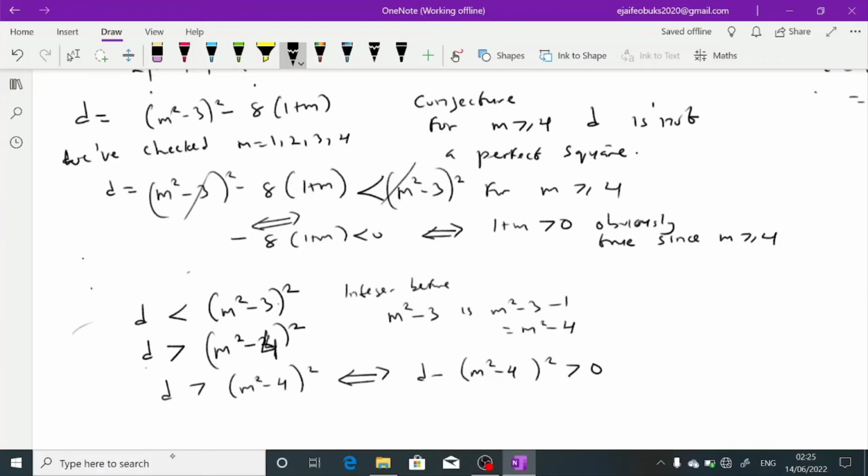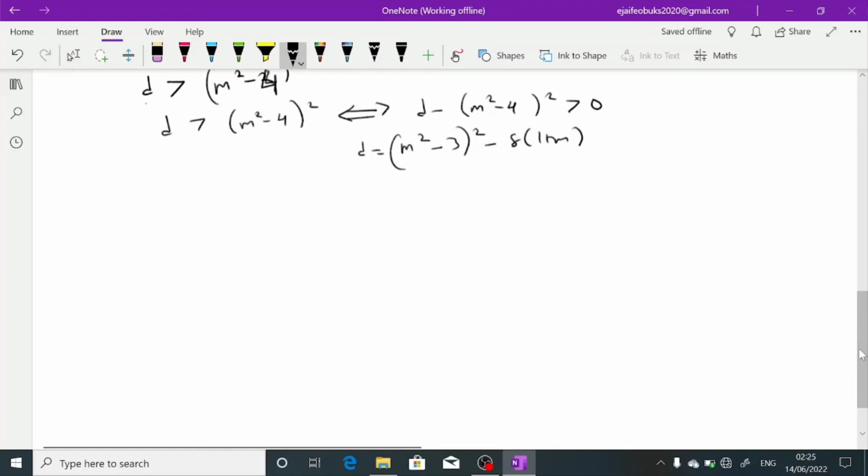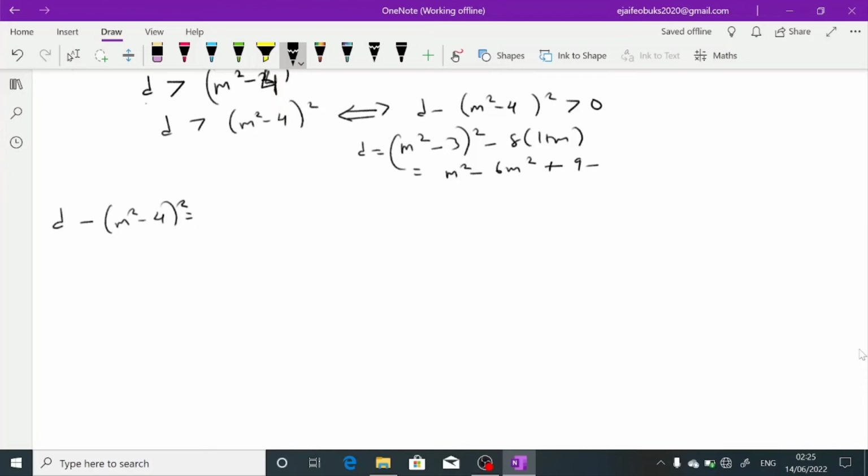okay, let's see. We know d is equal to, okay, so d minus m squared minus 4 squared, let me just expand this here. m to the 4, sorry.